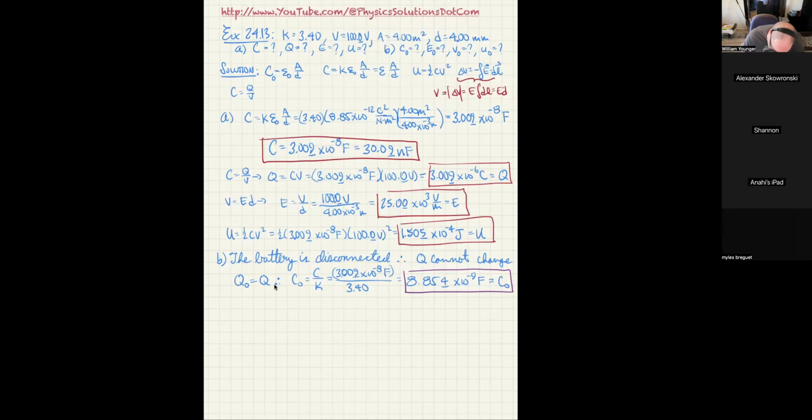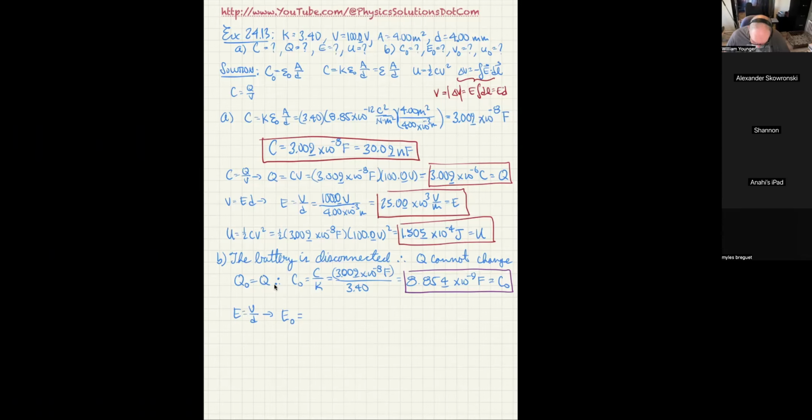So we'll use that. E is equal to V over D implies E0, which is what we're talking about now, is equal to the voltage. Now, here's the problem. The capacitance went up by a factor of K. So what actually caused that?